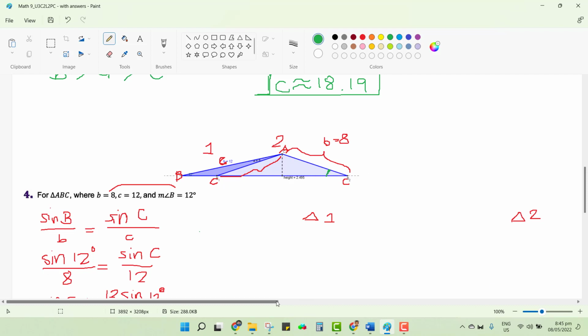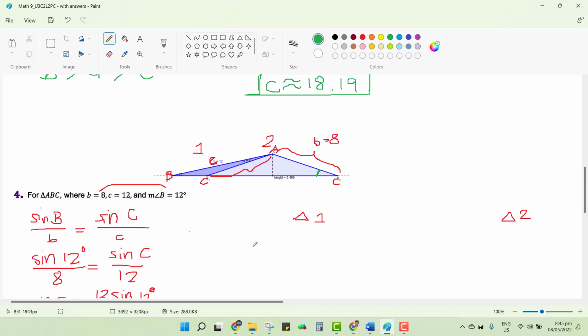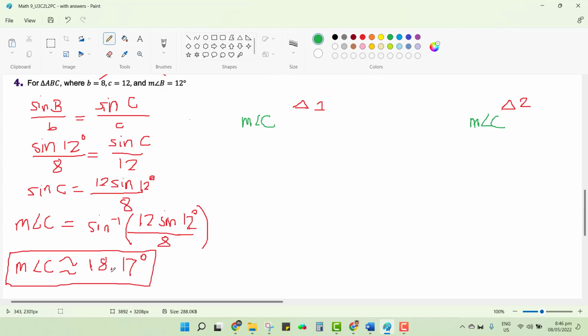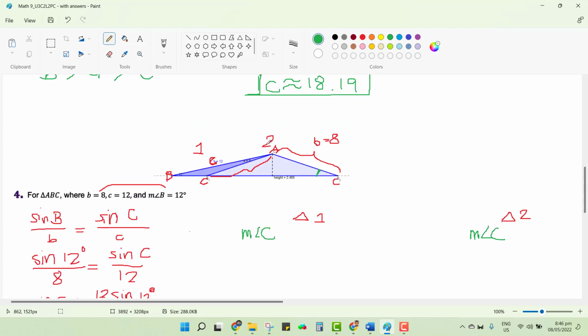So looking back here in our situation, let's list all values in the first place. So b is given, c is given, the measurement of angle B is given. That's also the same given with triangle number 2. What we're looking for is the measurement of angle C here, and the measurement of angle C. But again, the 18.17 is for the largest, so it's triangle number 2.